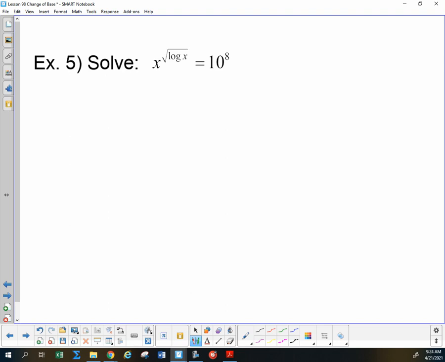Since I already have a log base 10, I'm going to choose to take the log base 10 of both sides. So if I take the log base 10 of the left and the log base 10 of the right, on the left-hand side I have log x to the square root of the log of x. And on the right I have log base 10 of 10 to something, so that's just going to be 8.